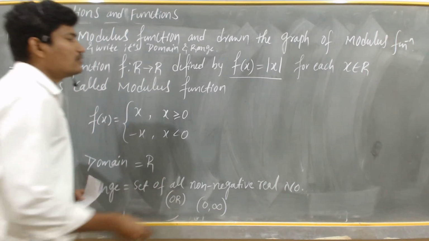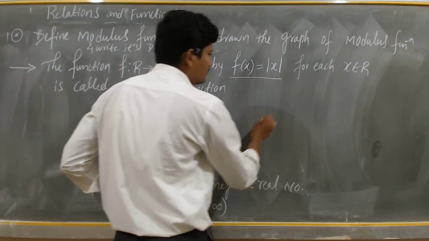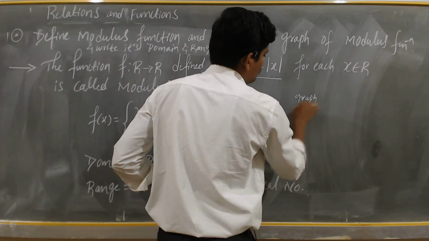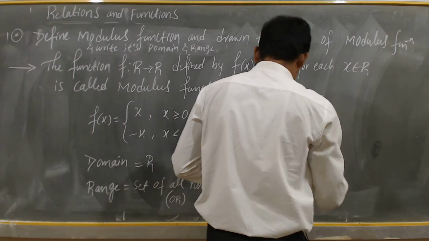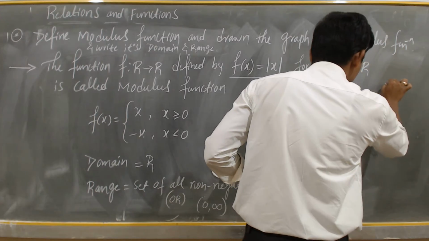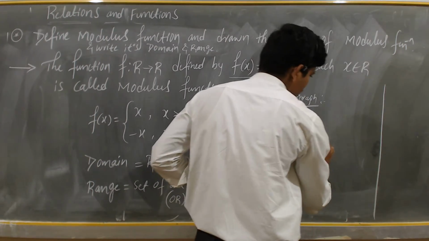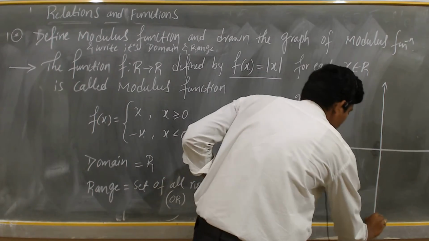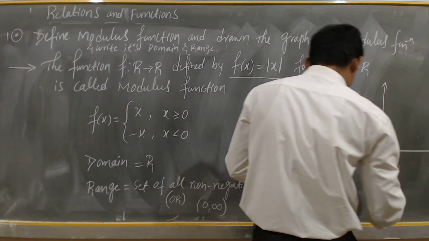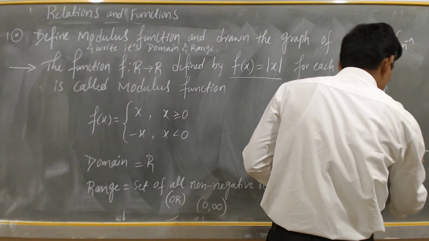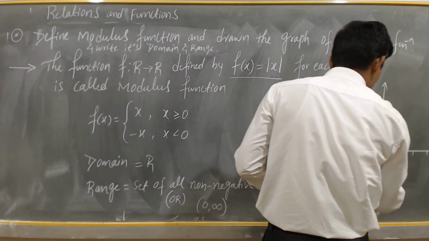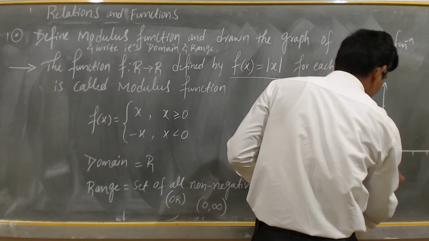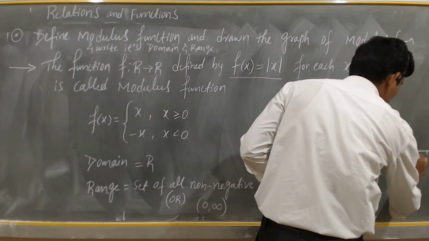Now we will write the graph. This is the graph part. We will write 0, 2, 4, 6.